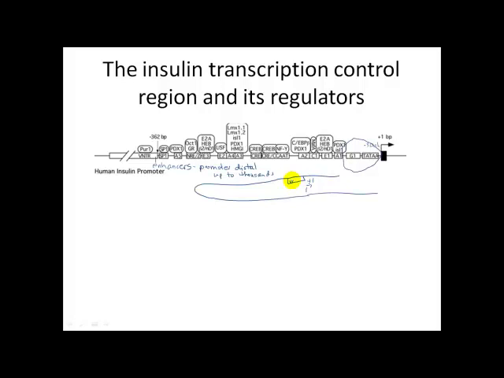So this would be our VNTR over here that's being bound by this PUR-1 transcription factor. And so it would be brought by a looping of the DNA into contact with our RNA polymerase enzyme that's bound here at the promoter. So it doesn't matter that it's hundreds or thousands of nucleotides away because it just gets looped around.